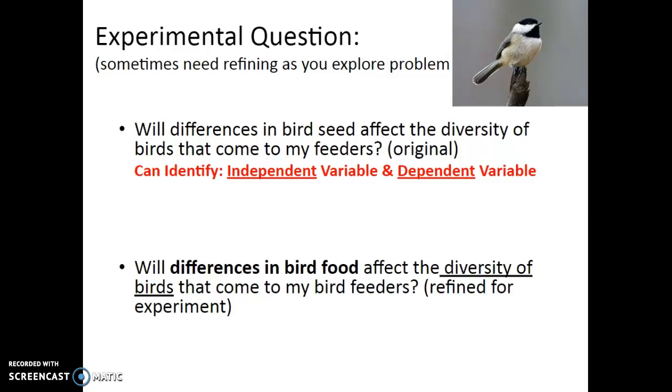That's the dependent variable. Well, I'm measuring how many different kinds of birds come to my feeders. The difference in bird food versus the variable of bird diversity. So with an experimental question, you should be able to recognize those two variables within that question.